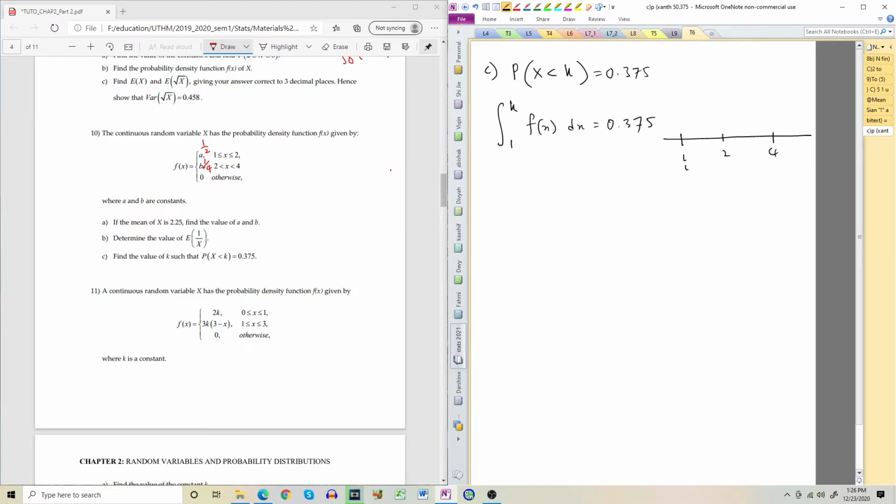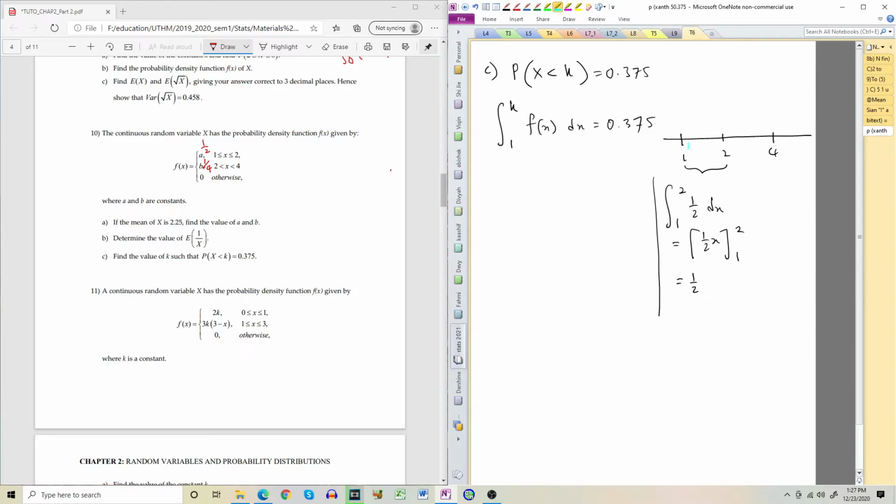Now let us find this probability from 1 to 2. The function there is 1 over 2 dx.